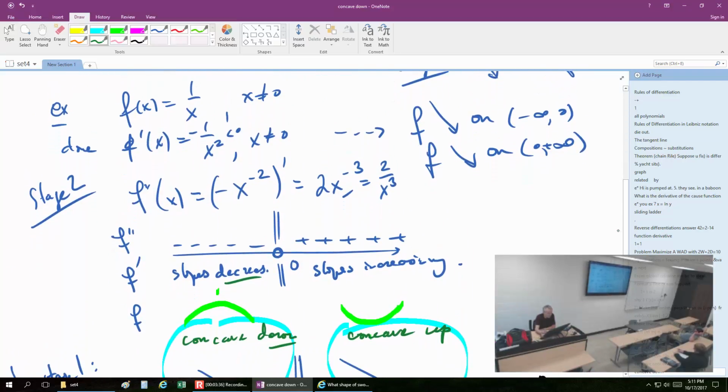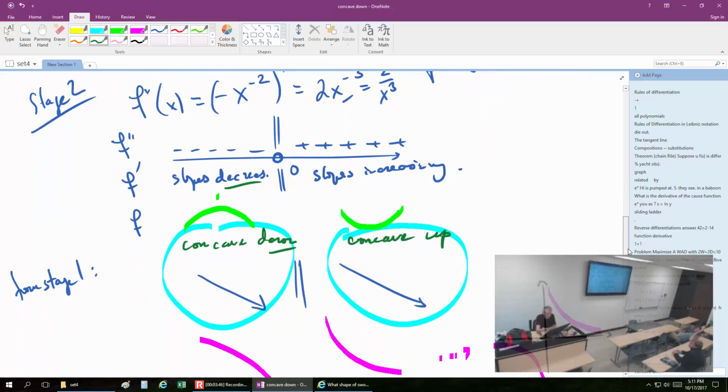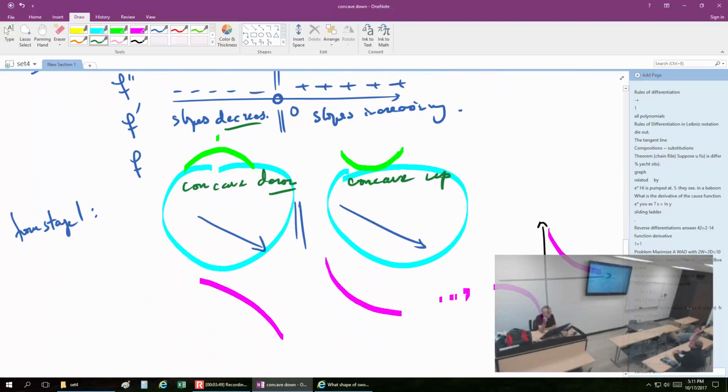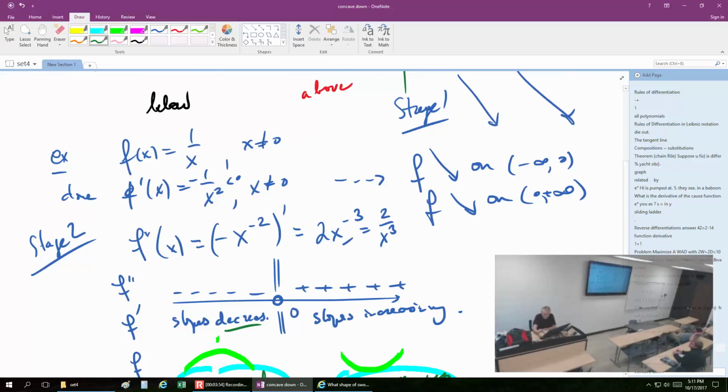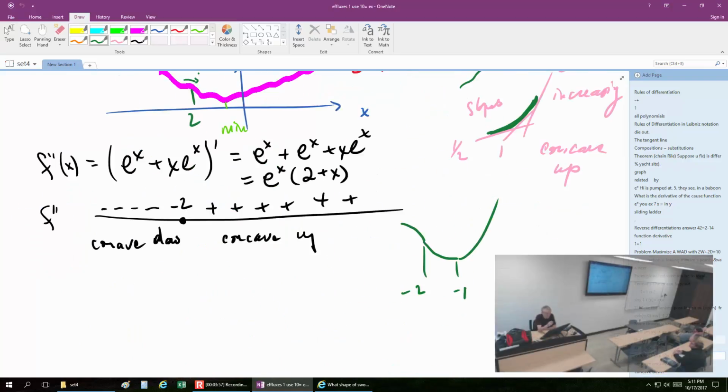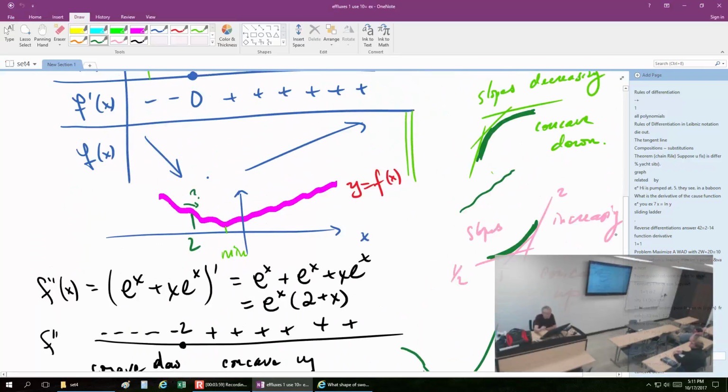So 10x, the derivative negative 10x squared, the second derivative 2x cubed. And then it becomes interesting when you want to sketch the plot of the graph when you have both. The graph looks like this, in purple over here.